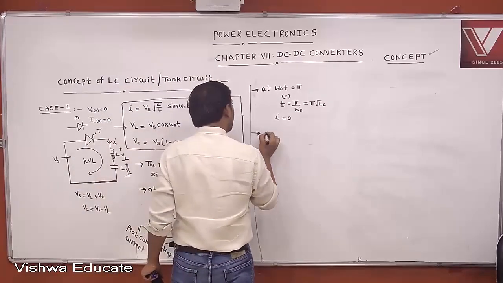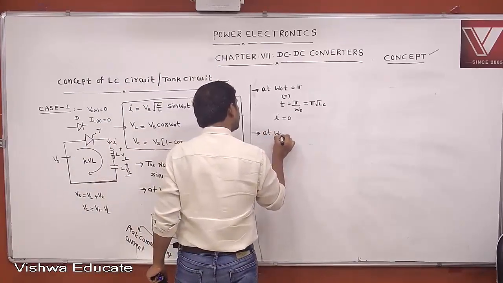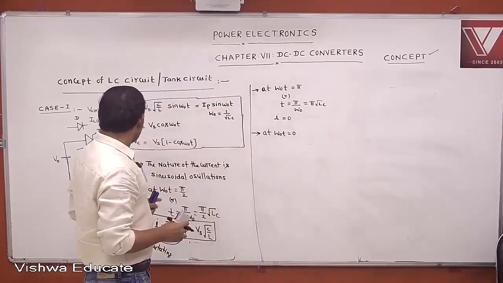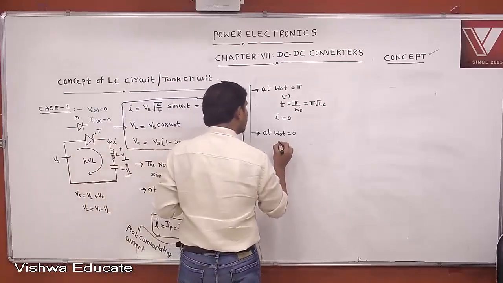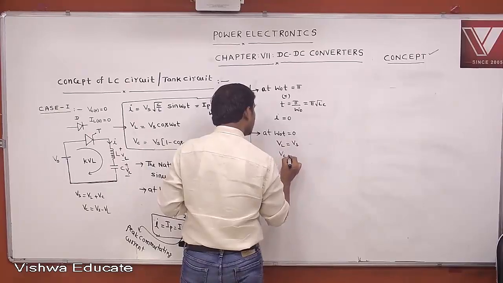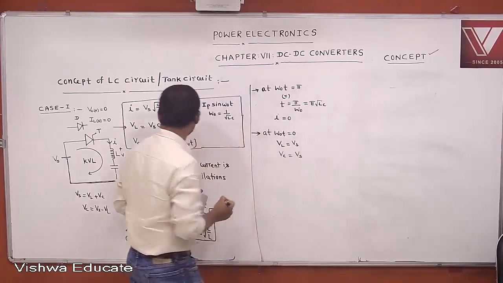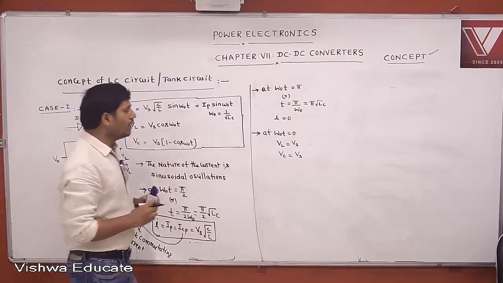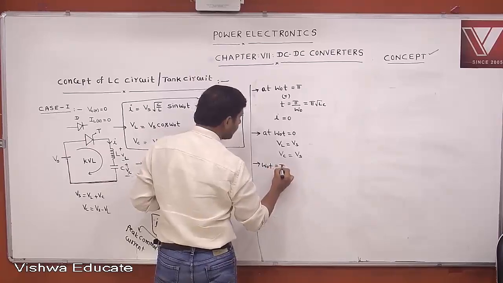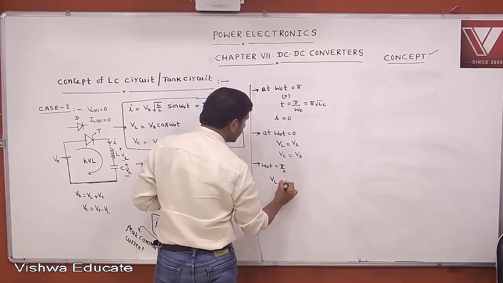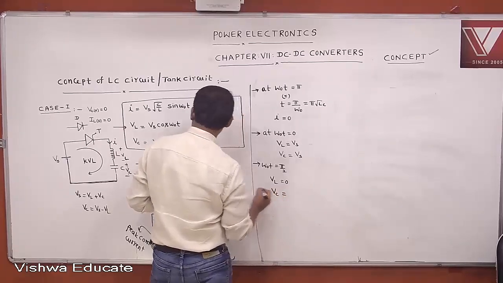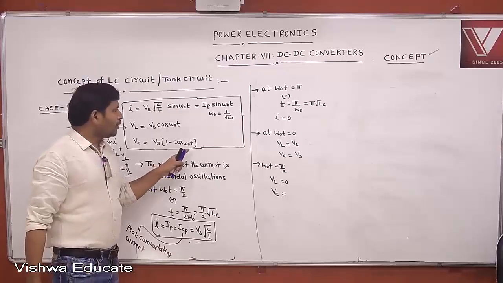At omega naught t equal to 0, what is the voltage across the inductor? VL equal to VS. Voltage across the capacitor, VC, equal to 0.